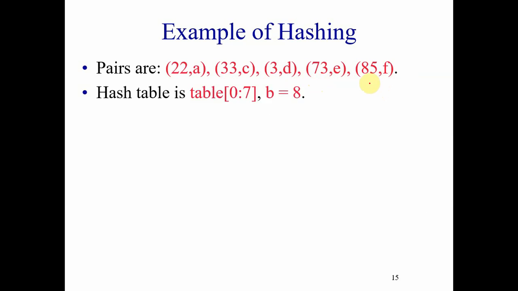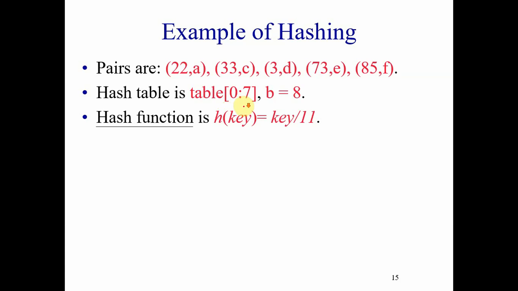Just imagine in this very simple case that the hash table will contain 8 available buckets. So b is equal to 8, and the index is 0 to 7. And we make use of the hash function, a very simple case, the key divided by 11.